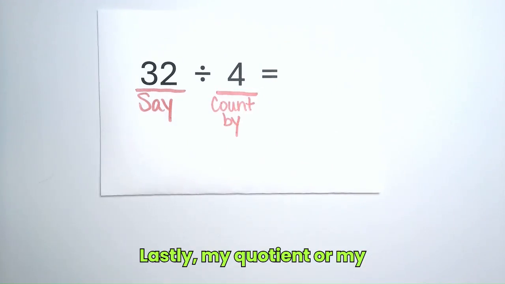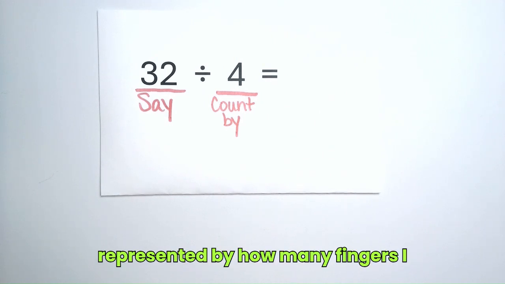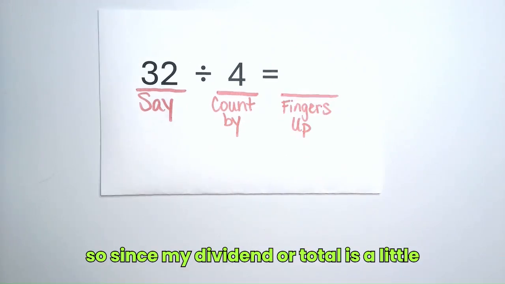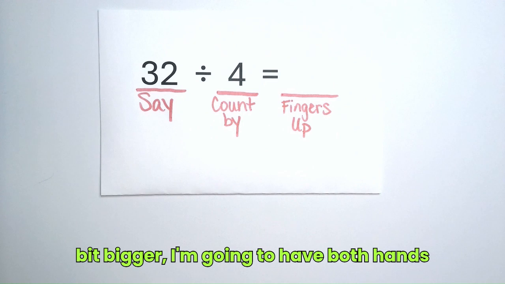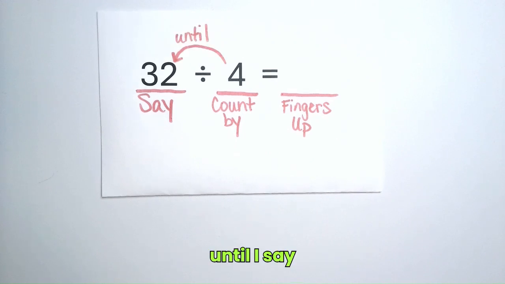Lastly, my quotient, or my answer to this division problem, will be represented by how many fingers I have up. So since my dividend or total is a little bit bigger, I'm going to have both hands handy. I'm going to count by 4 till I say 32.